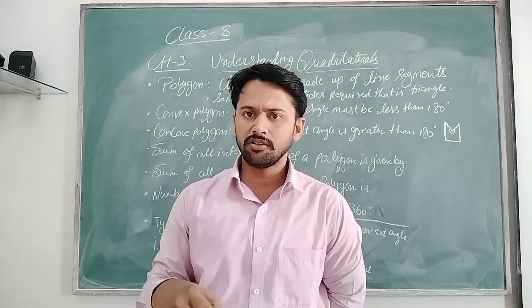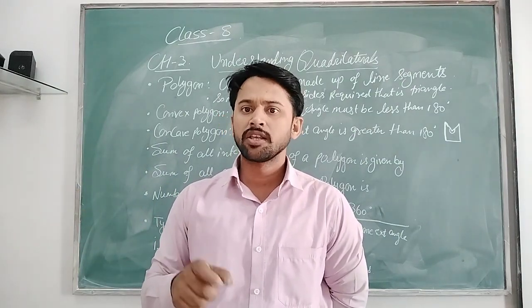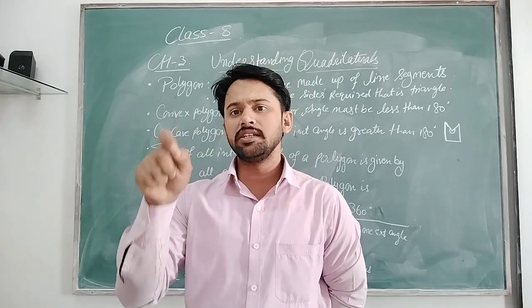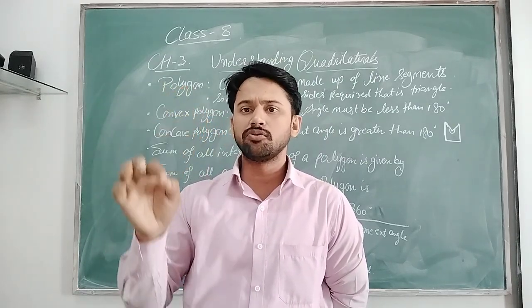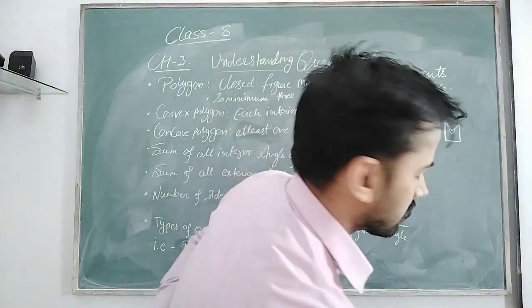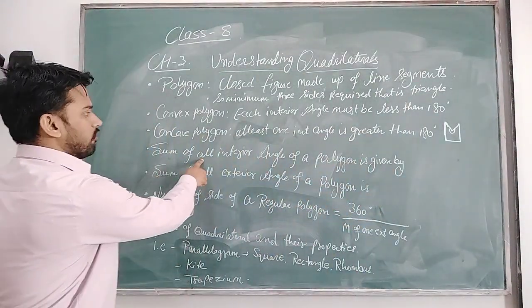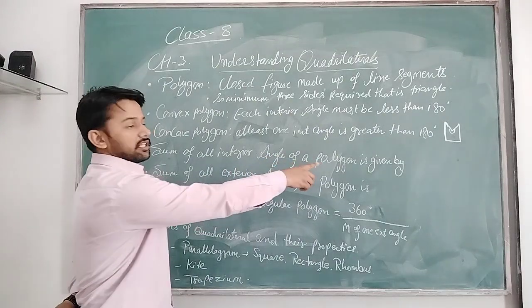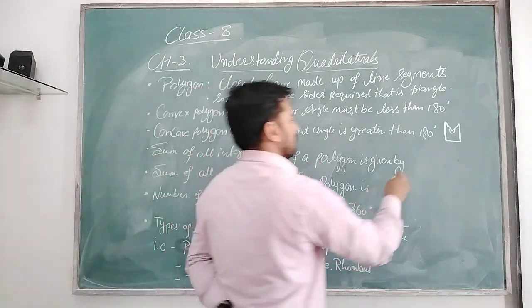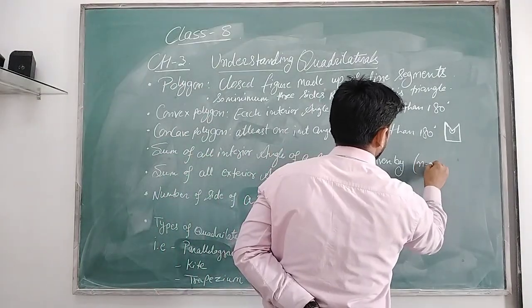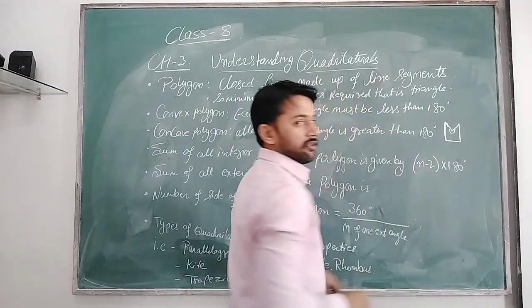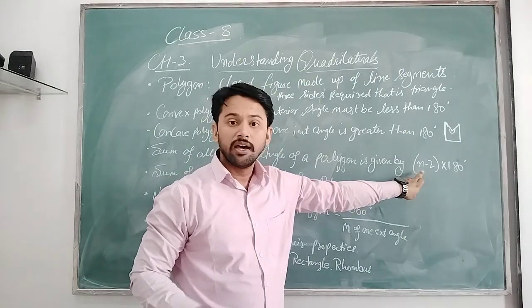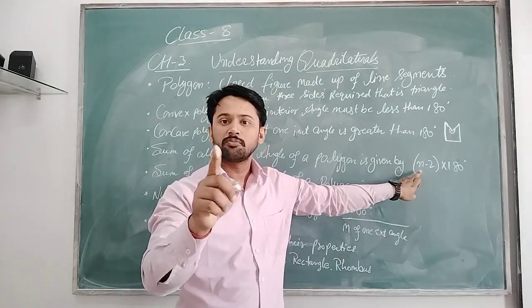So for that we have a formula: the sum of all interior angles of a polygon is n minus 2 into 180. Here n is the number of sides of a polygon.